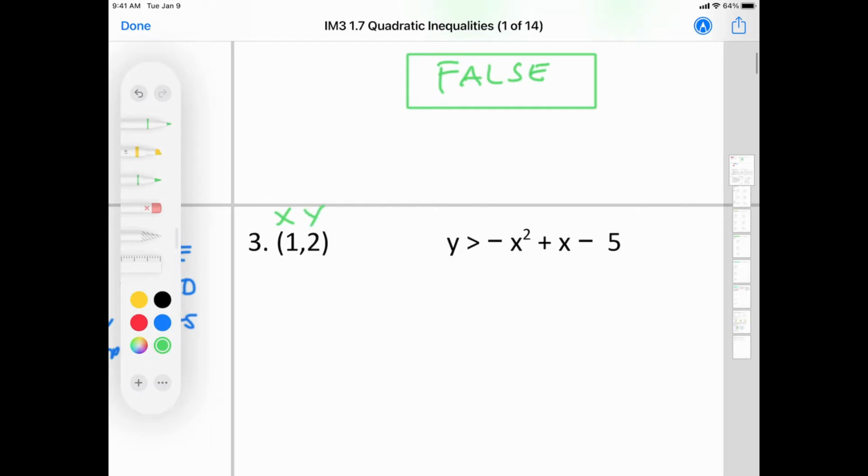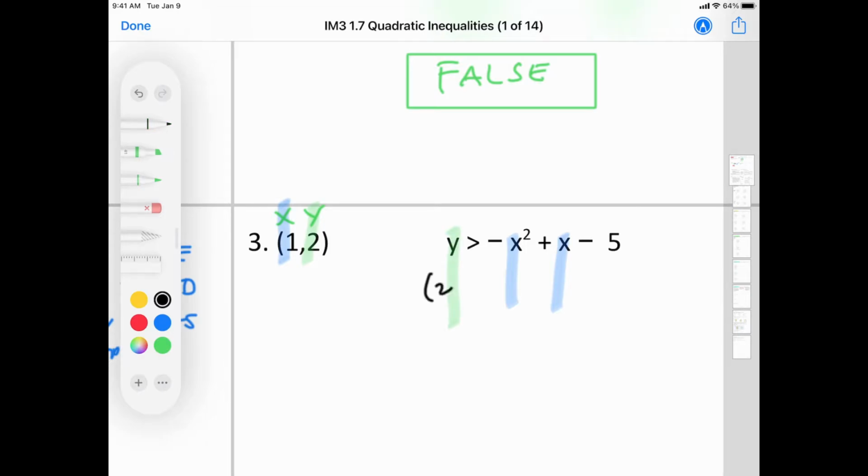Question number 3. Every x value we're going to make 1, and every y value 2.